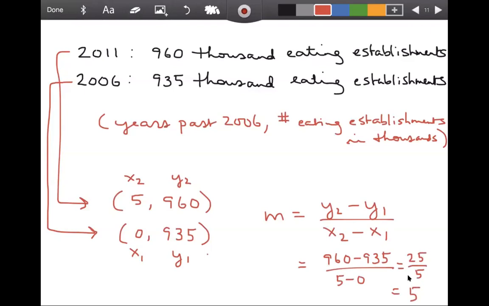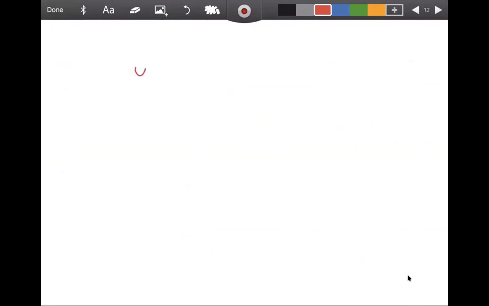Remember, the second part of this type of problem was to use the point slope formula. y minus y1 equals m times x minus x1. There's another way you could do this part of it, by the way. Okay, so I'm going to use 5 for the slope. And then for x1, y1, I'm going to use the point (0, 935).